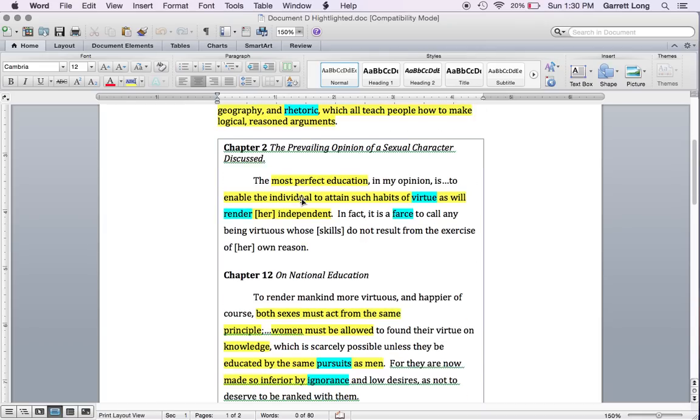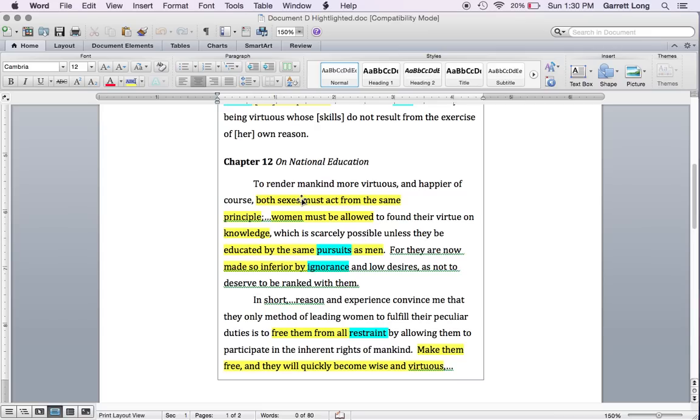We are going to move on to the second chapter from her book, which is titled On National Education. So please follow along. It says, to render mankind more virtuous and happier, of course, both sexes must act from the same principle.